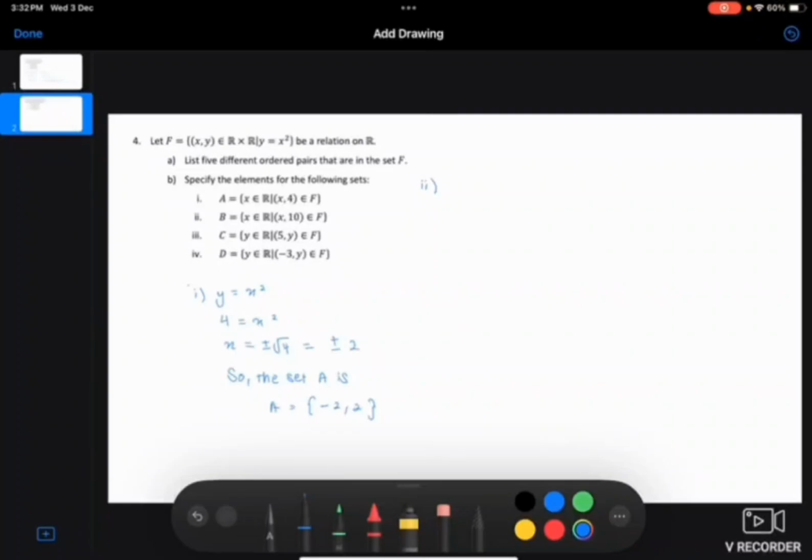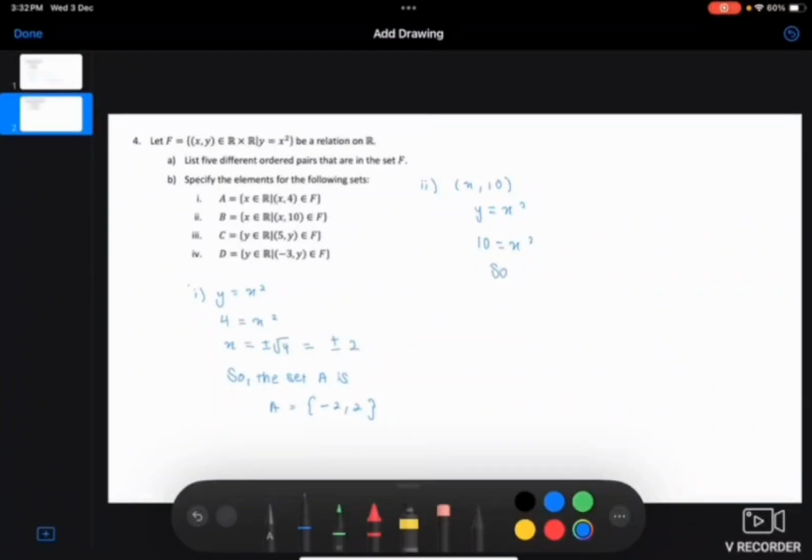Now we need to repeat the same step for part 2. So for part 2, the given point is x and 10. Again, it must satisfy the equation y equal to x square. So 10 equal to x square.